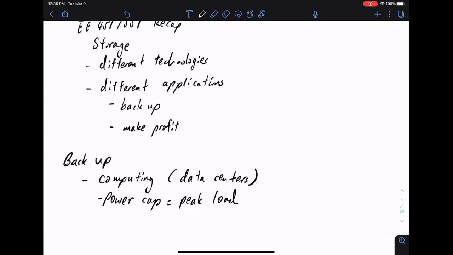So you're not limited by power. This makes sense because if the grid power fails, you want the storage to kick in as soon as possible, and possibly when the data center is operating at peak load.